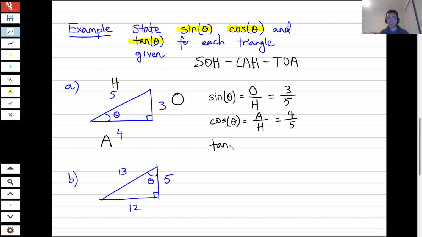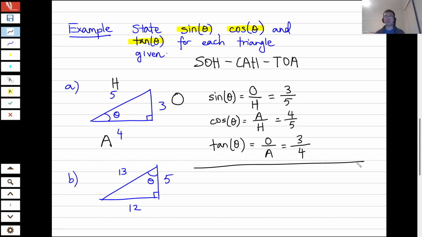Tan theta is opposite over adjacent, and that's going to give me O divided by A. That is 3 divided by 4. And that's it. If you want to, you can write a decimal, but fractions are acceptable, and I would say fractions are preferable as well, because there's no need to type them into a calculator, find an approximation, and then round them.